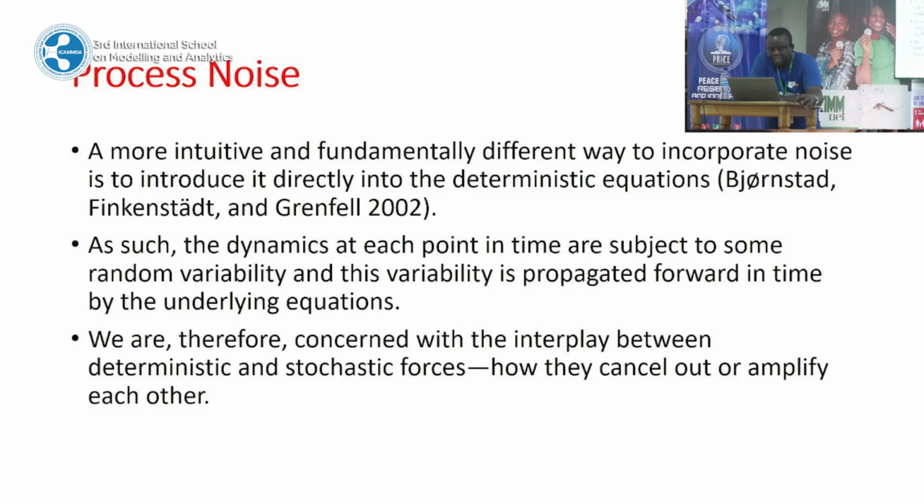As such, the dynamics at each point in time are subject to some random variability, and this variability is propagated forward in time by the underlying equation. So we are therefore concerned with the interplay between deterministic and stochastic forces, how they cancel out or amplify each other.